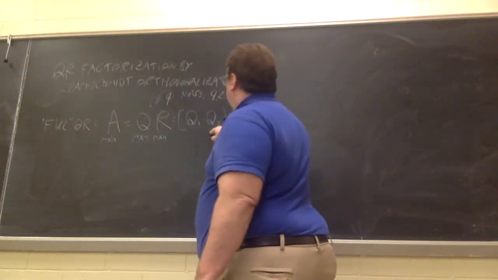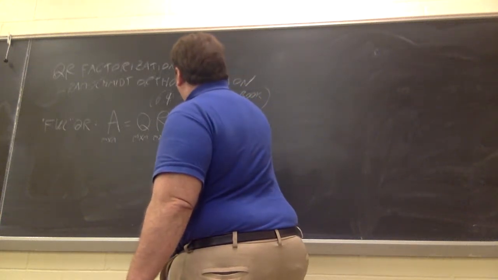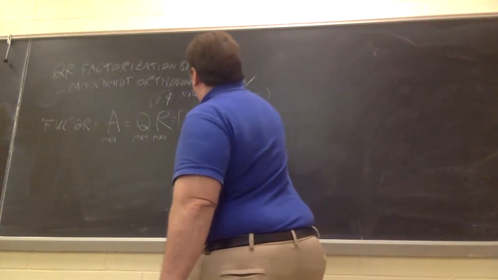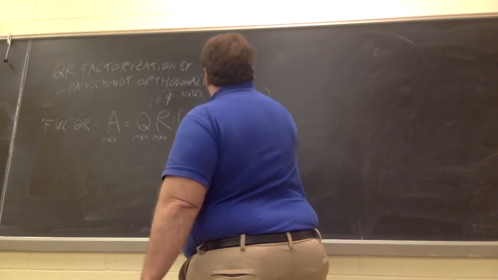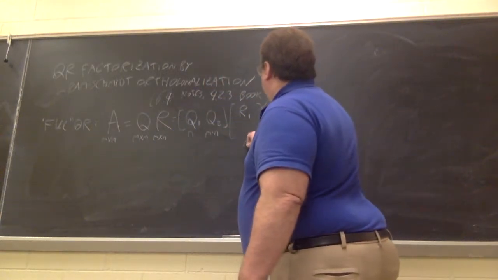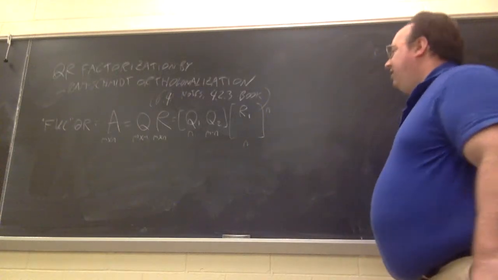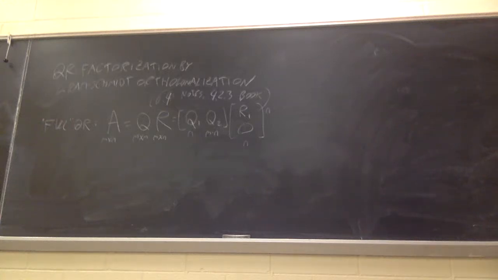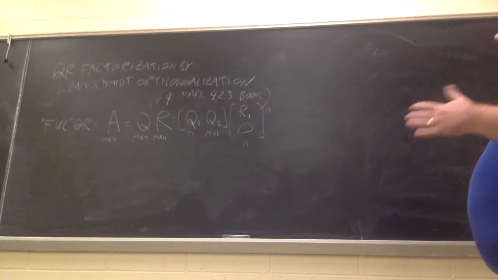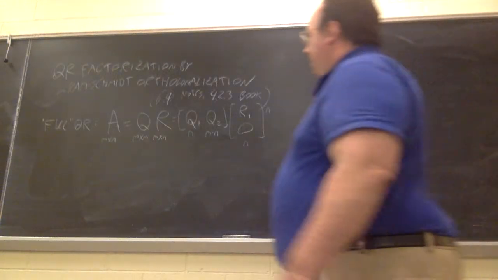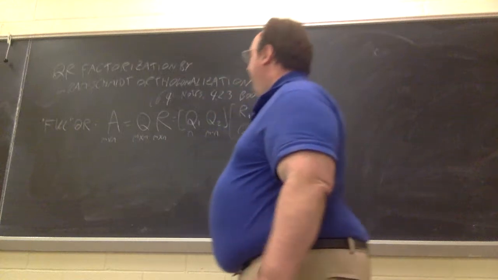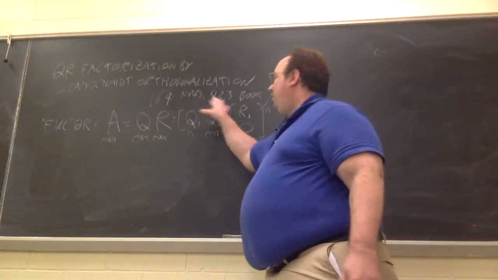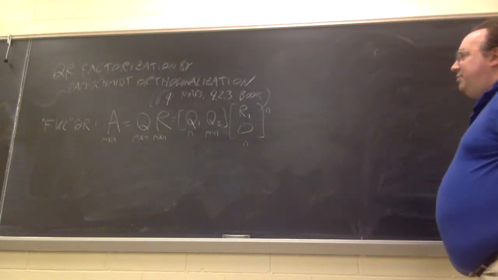Q is broken down by columns: the first n columns in Q1, and everything else in Q2. And R breaks down by rows. R1 is n by n, non-singular, and then we just have zeros down below. If you're using Householder reflections or Givens rotations to perform a QR factorization, applying them on the left of A to reduce it to upper triangular form, you get this full R and also the full Q. But Gram-Schmidt does not do that.